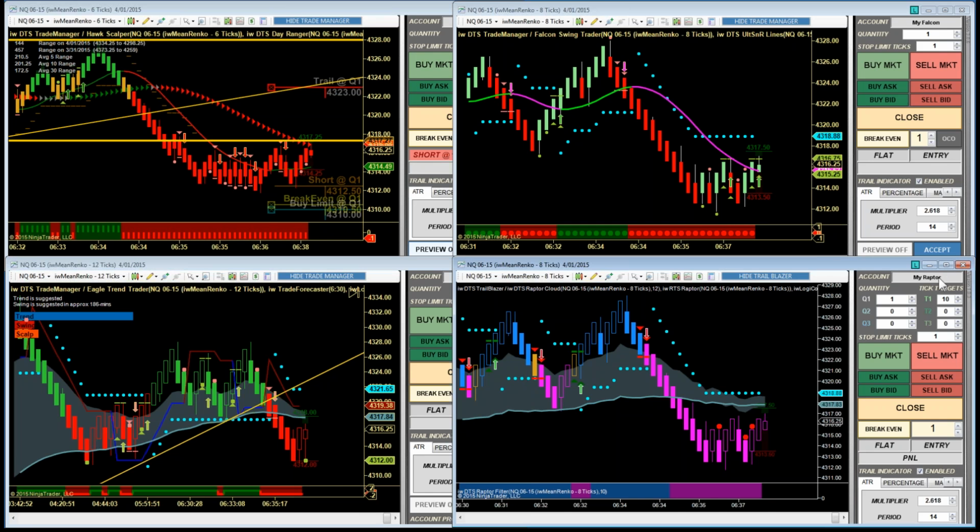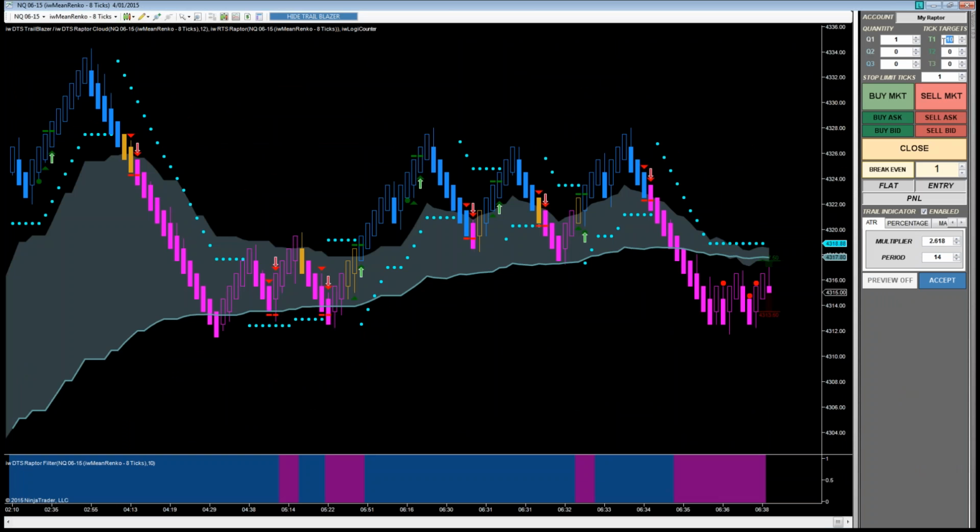Let's take a look at what's going on with the Raptor. The Raptor is not quite, well, actually almost turning over. We're going to see if we're generating a bunch of red warning dots here. We'll see if we come back with a sell signal out of that.